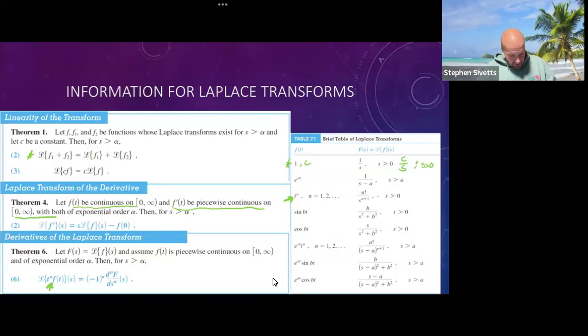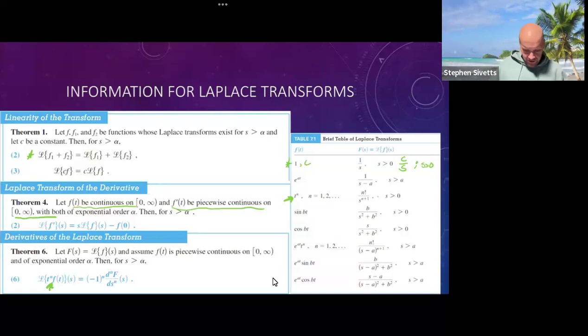So they're saying the nth derivative, it's not an exponent here. So you alternate sign with n, and then the last part, you're just taking the Laplace transform of f of t.